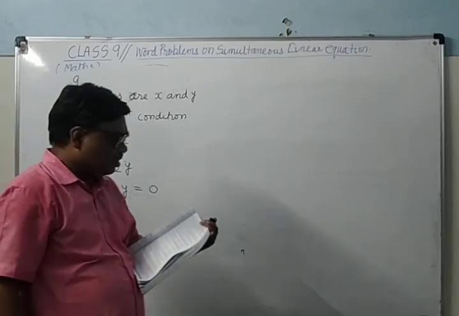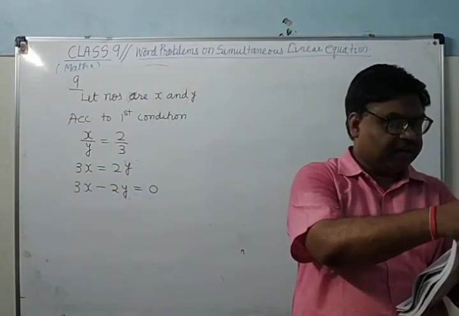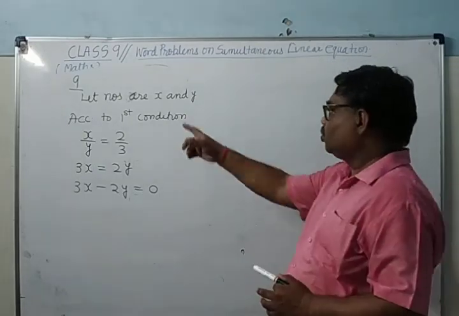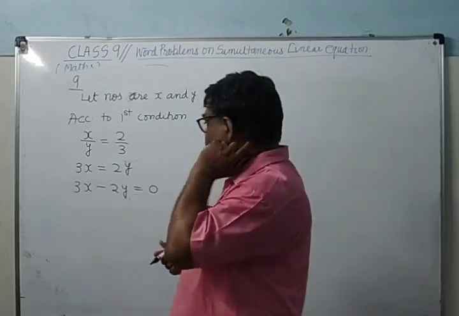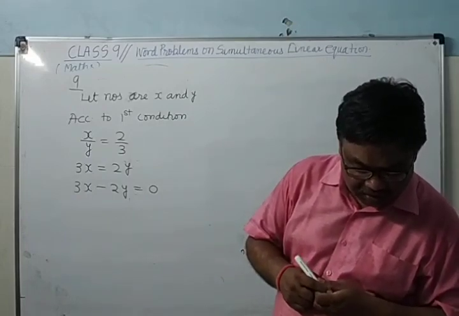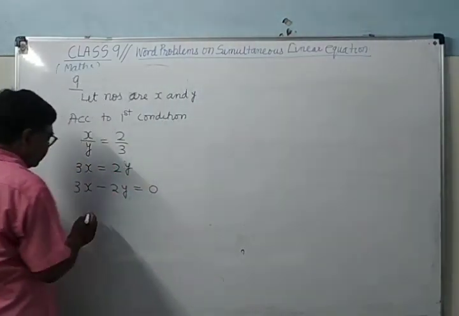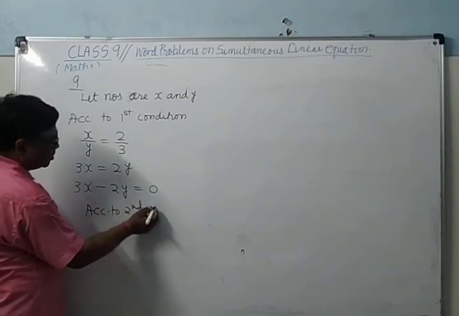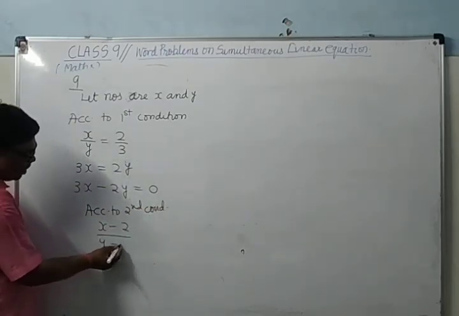Then, if 2 is subtracted from the first and 8 from the second, the ratio becomes the reciprocal of the original ratio. The original ratio is 2/3. Now it will become its reciprocal, that is 3/2. So 2 is subtracted from the first and 8 from the second. According to the second condition, x minus 2 over y minus 8.